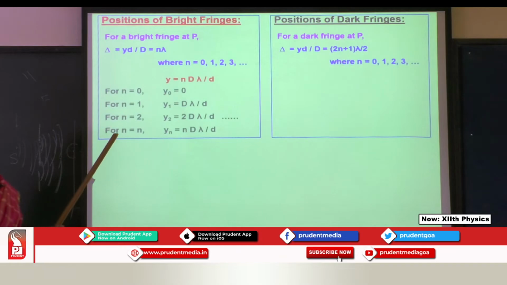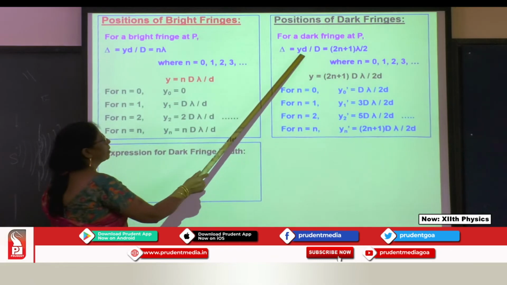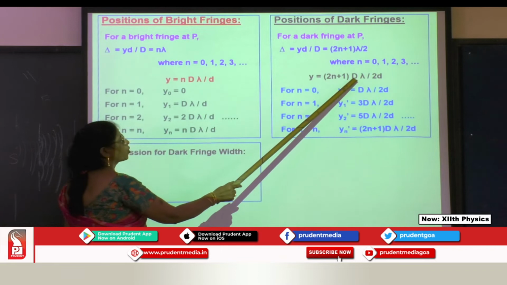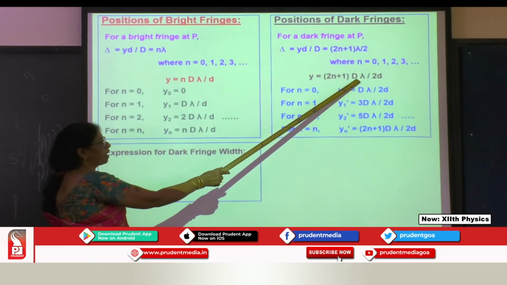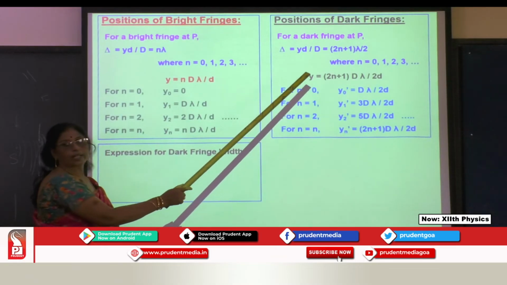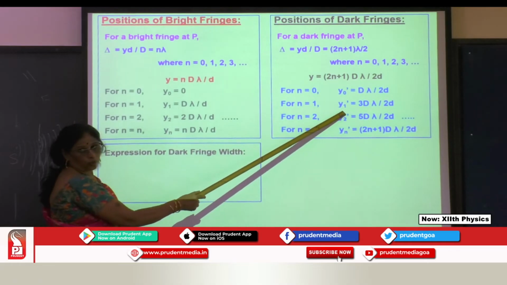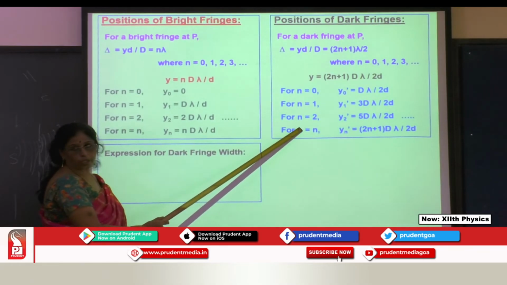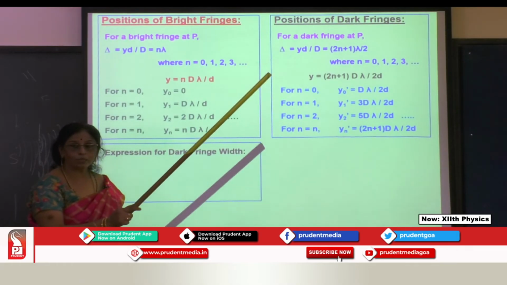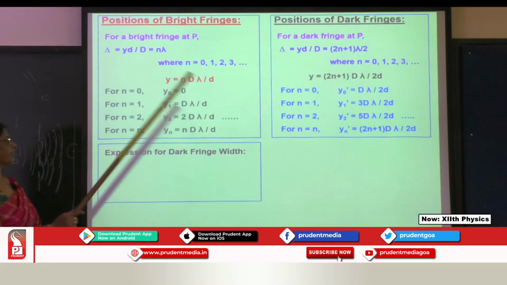In the same way, I wanted the value of y, so bring all these factors to the other side. So we have (2n plus 1) lambda D upon 2d. When n is equal to 0, 1, 2, 3, what are the values of the displacement from the center of the screen?